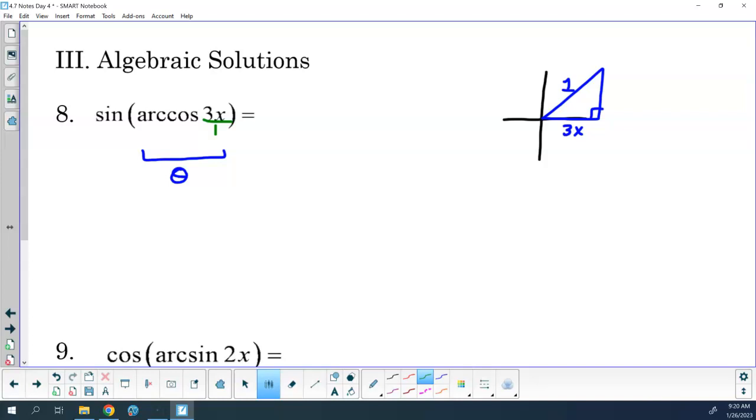If I do that, there's my theta, I have to run the Pythagorean theorem. 3x quantity squared plus y squared equals 1 squared. 3x quantity squared is 9x squared plus y squared equals 1. And I want to solve for y.